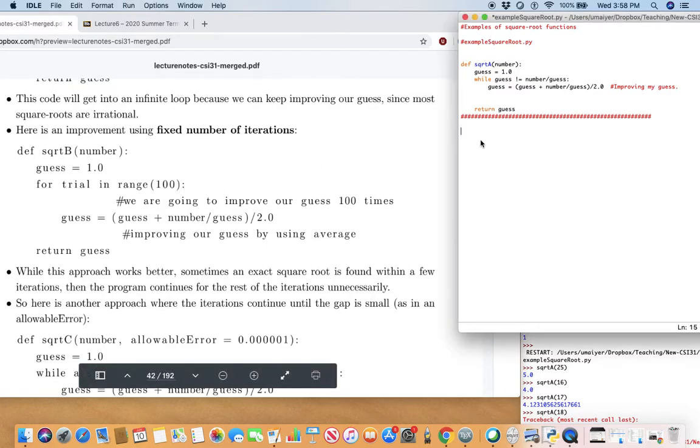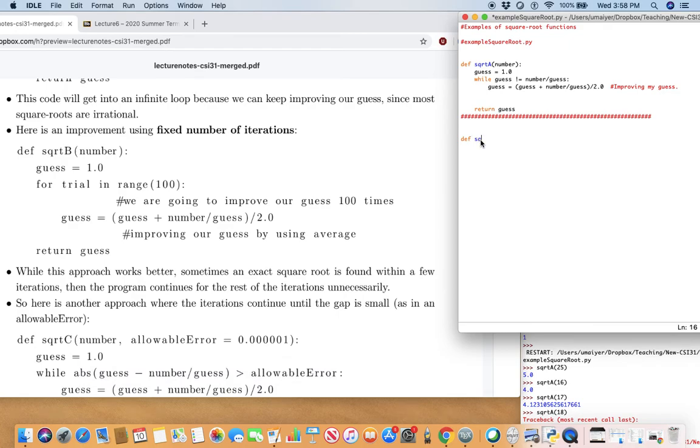Here is a new definition: square root b of a number. Everything else is the same. I'm not using a while loop though, I'm just using a for loop. I'm going to try improving my guess 100 times. That's it.